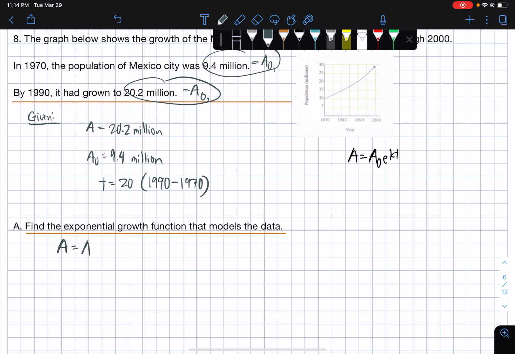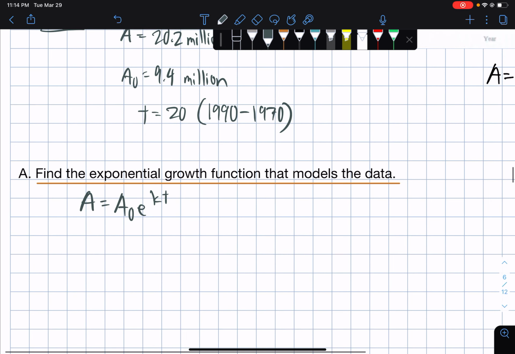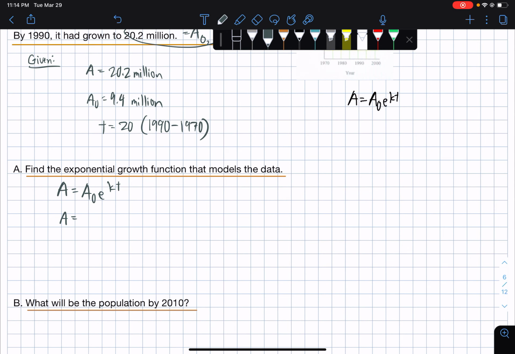A is equal to A0 e raised to kt. We can't really be sure. The letter A value is not constant. It can't always be, for instance, 20.2 million.